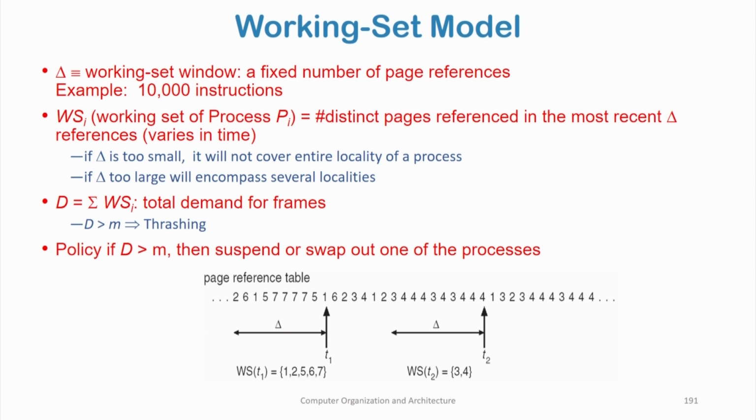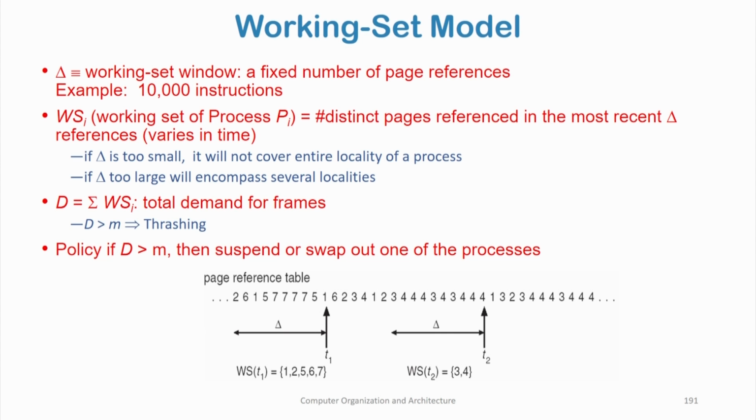Now, if the program comes out of this loop and does something else, the requirements of its active pages for data as well as instructions are going to change. So, over time a program's characteristic in terms of the active pages required is going to change, and this is captured by something called the working set model.